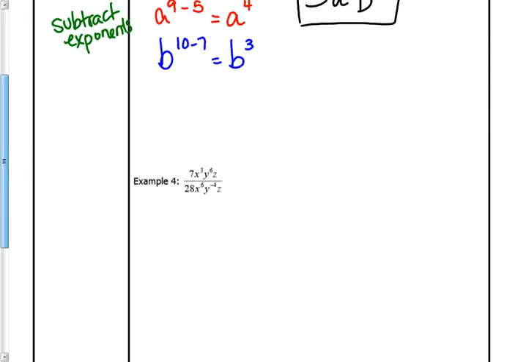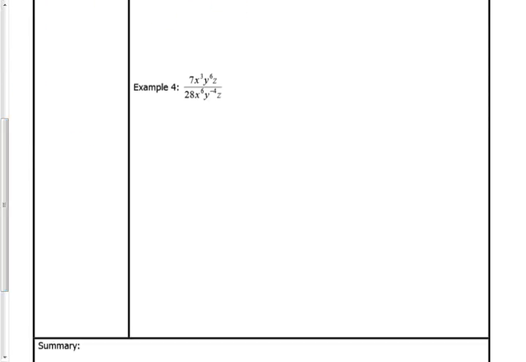Okay, example 4. Again, we have coefficients here, so we're going to divide the coefficients. 7 divided by 28. And what's going to happen there is we're actually going to get a decimal. If you divide that in your calculator, you're going to get 0.25. Now 0.25, we can't leave decimals like that as far as our answer goes. We have to change it back to a fraction.